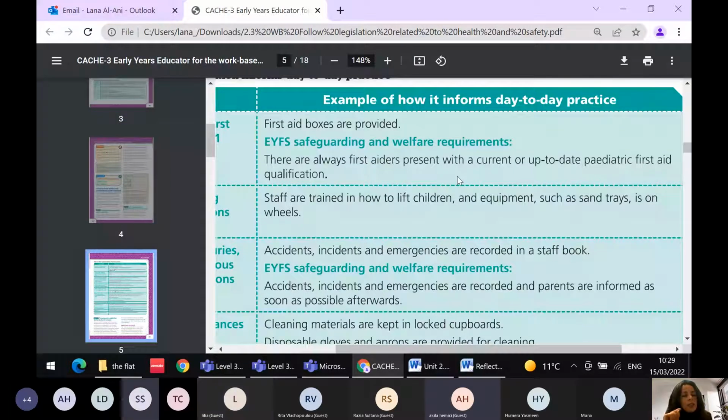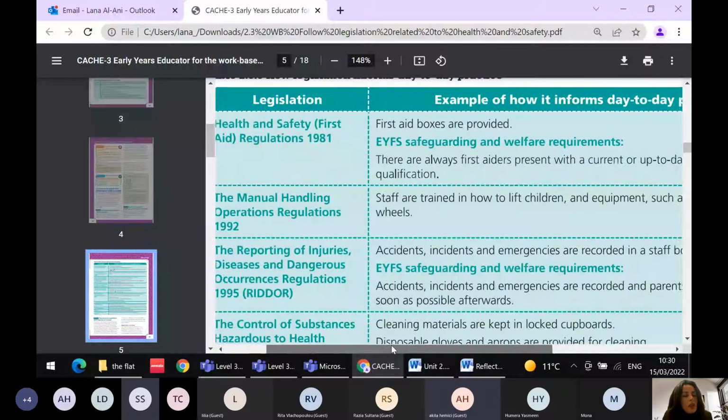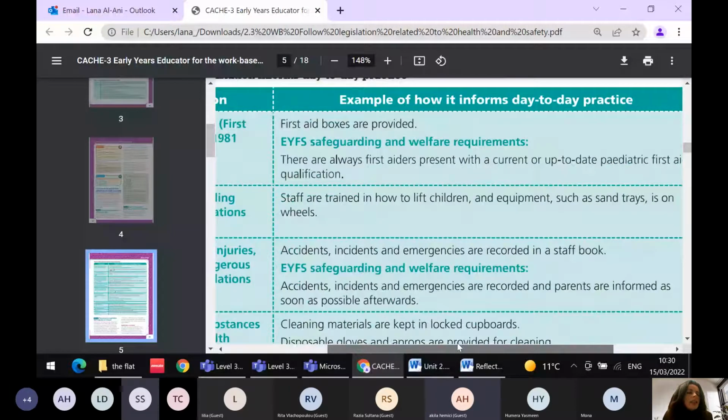And his training will be in pediatric first aider qualification. That's very, very important. Also, regarding the Manual Handling Operations Regulations 1992, what did affect our work in the nursery?